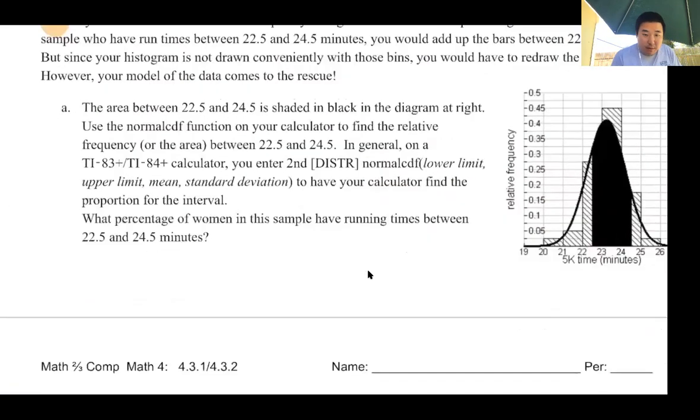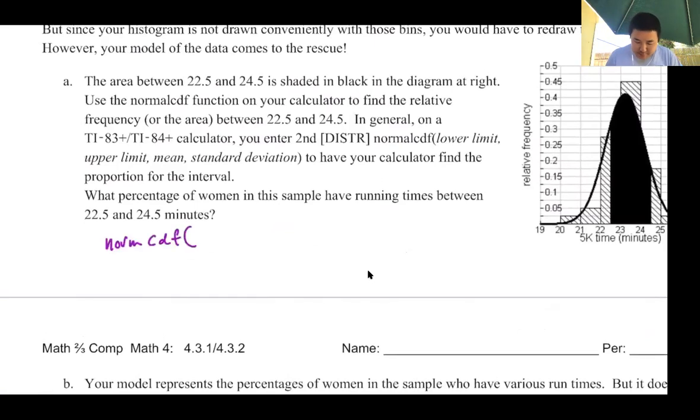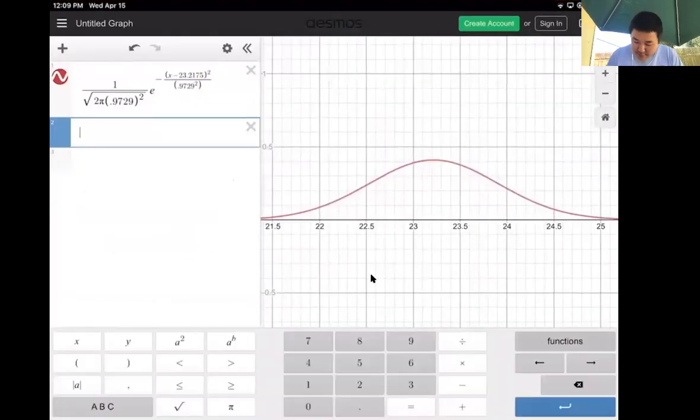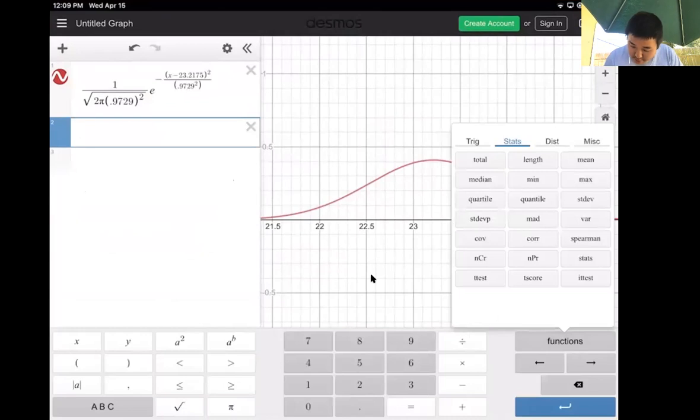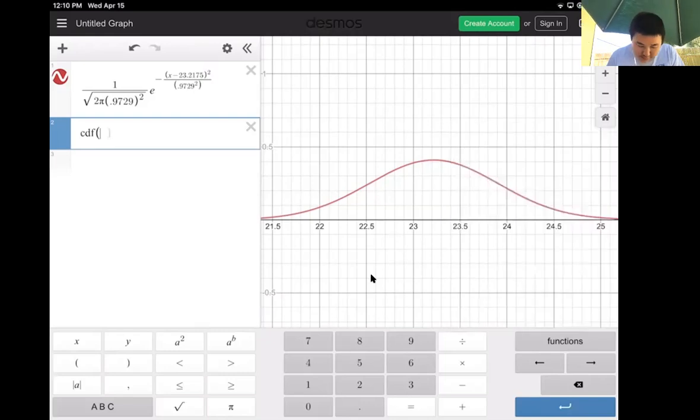So you're going to type in normCDF. Let's see, functions, and you go to normCDF. So distributions, norm, or I think it's just CDF. And then you're going to type in 22.5, comma, 24.5, comma, 23.2175, comma, 0.9729, enter.